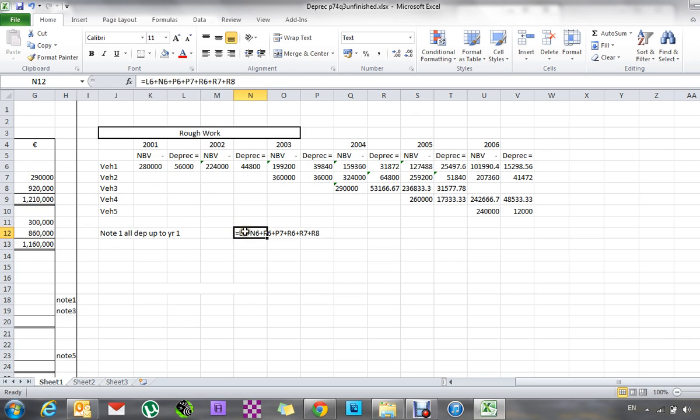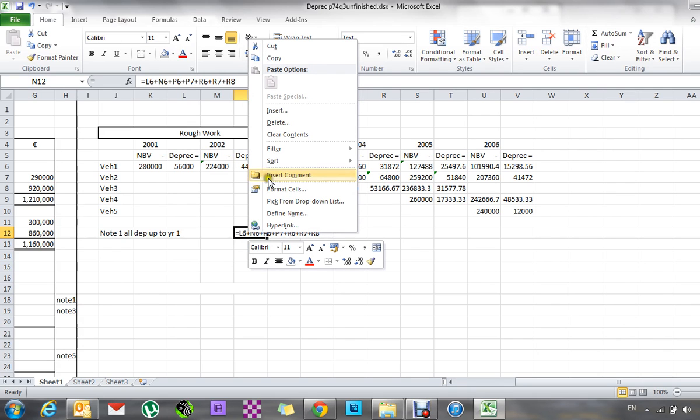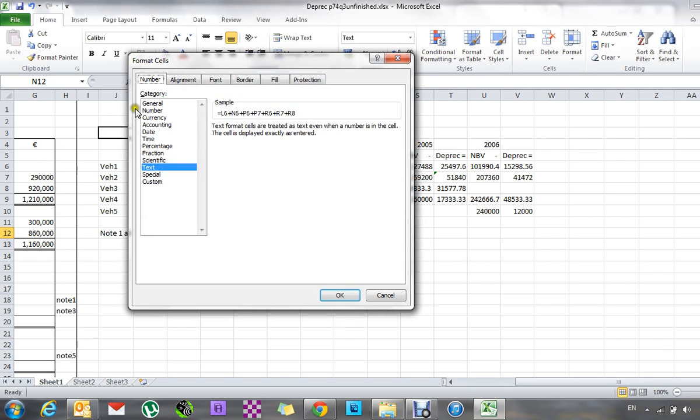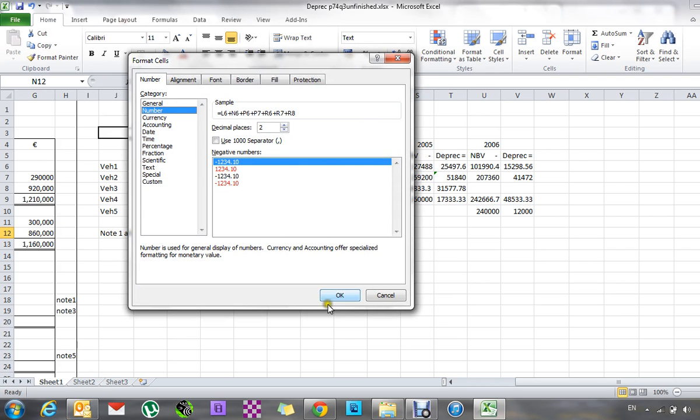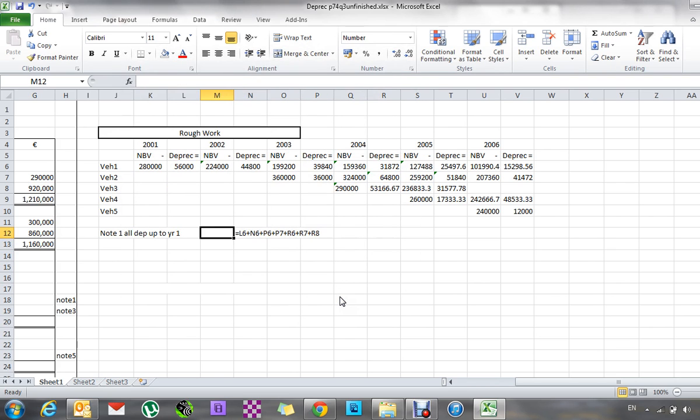Okay, that needs to be turned into a number file. Let me do that one again. That plus that plus that plus that plus that, and finally that number.